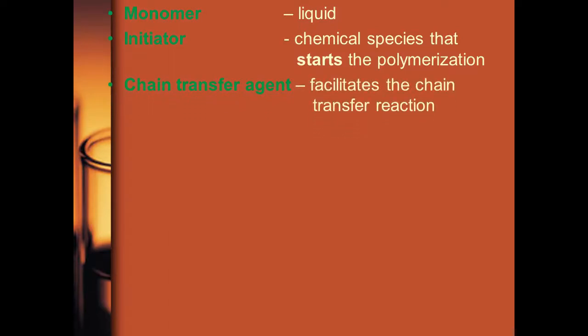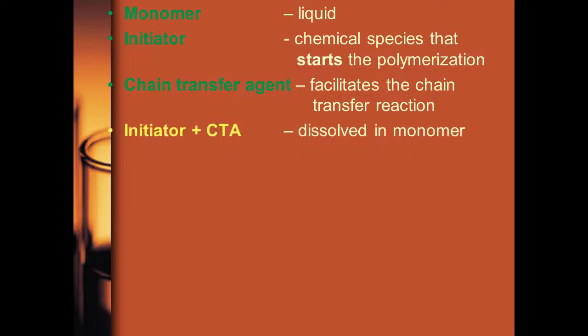The next chemical component that is added into the reaction mixture is the chain transfer agent. It is not necessary to add the chain transfer agent in every polymerization reaction, but sometimes it needs to be added. The role of the chain transfer agent is to facilitate the chain transfer reaction.